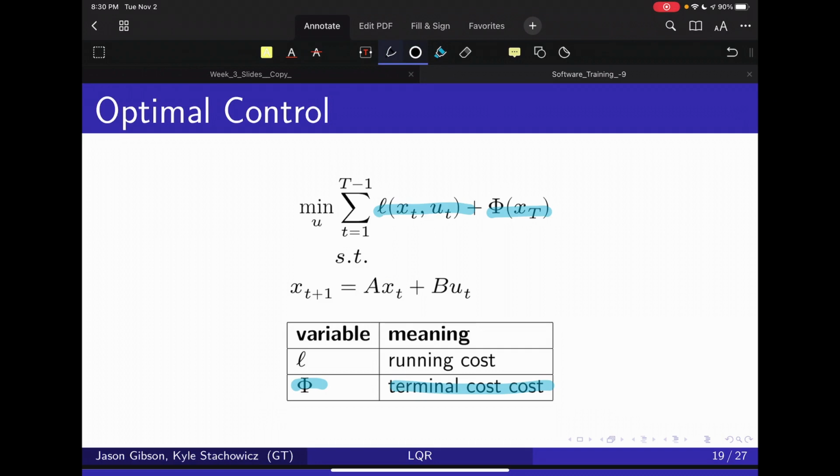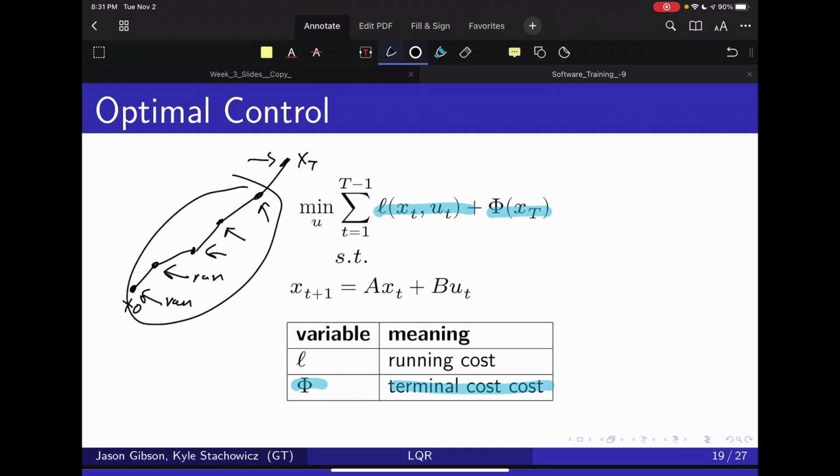So the way to think about this is if I have some state trajectory moving along like this, the cost of this trajectory from x0 to xT is just I take my running cost here, take my running cost here, take my running cost there, there, and there, and I sum these, and then add that to this terminal cost here.